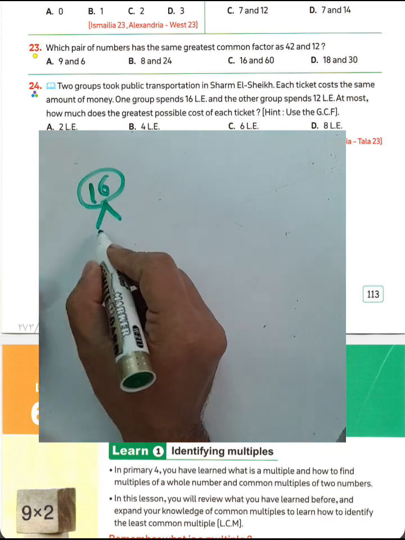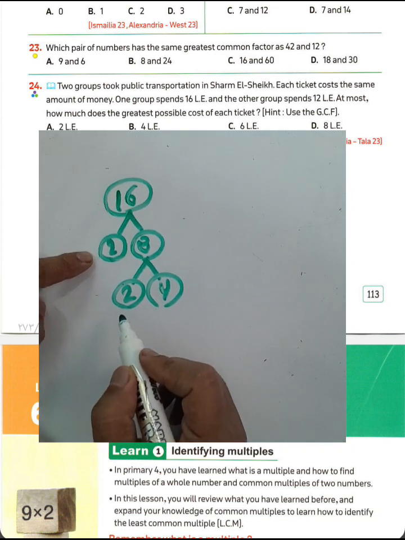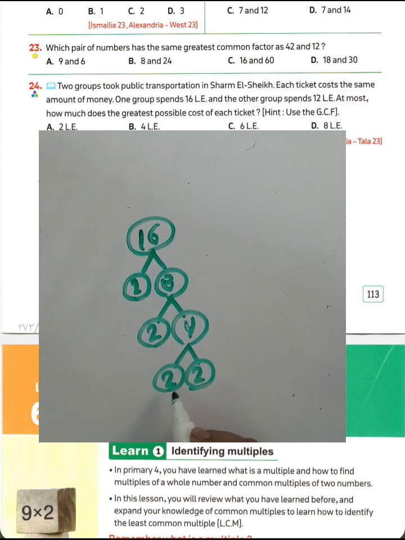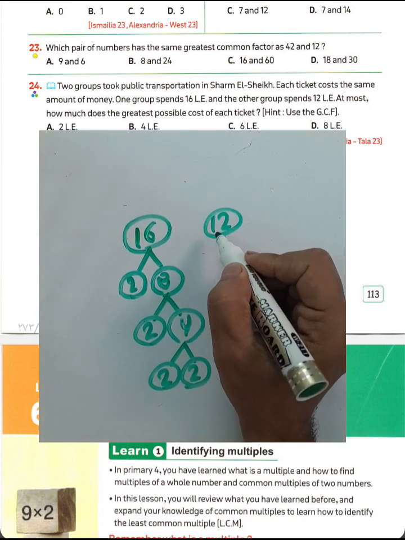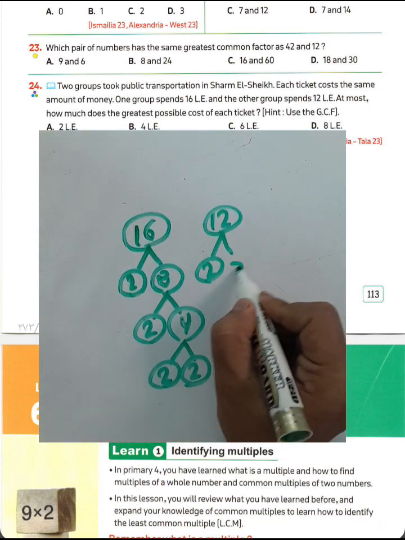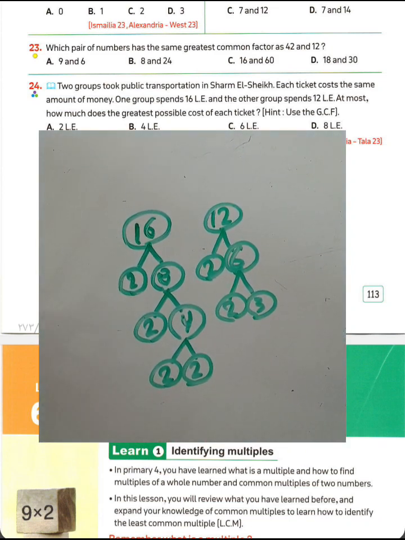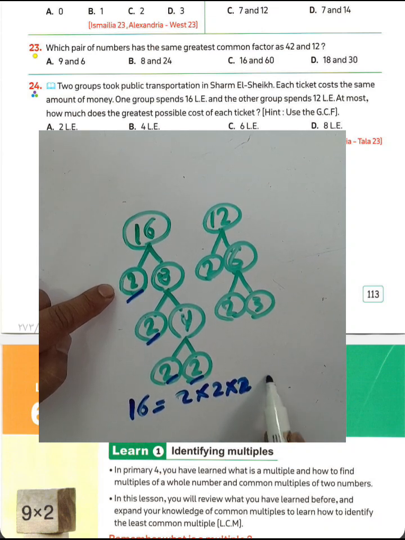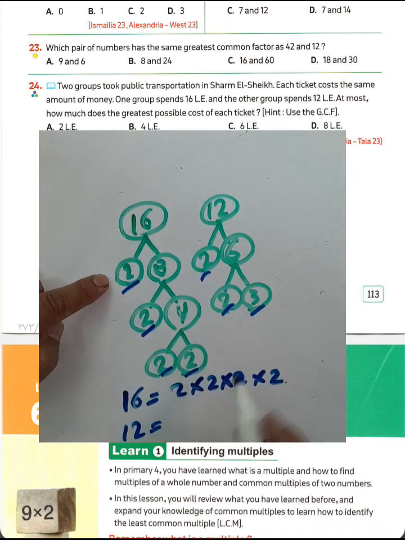We can write 16 equals 2 times 8, and 8 equals 2 times 4, and 4 equals 2 times 2. And for the next number, 12 equals 2 times 6, and 6 equals 2 times 3. Then 16 equals 2 times 2 times 2 times 2, and 12 equals 2 times 2 times 3.